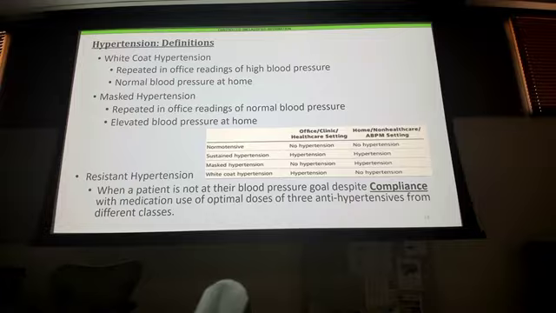Masked hypertension is much more challenging to treat because with masked hypertension, in the office, it's normal. For some reason, you give them a calming effect and it lowers their blood pressure. But when they go home, their blood pressure spikes. Maybe they have a bad or horrible home environment, don't feel safe, those types of things that cause that blood pressure to go higher.